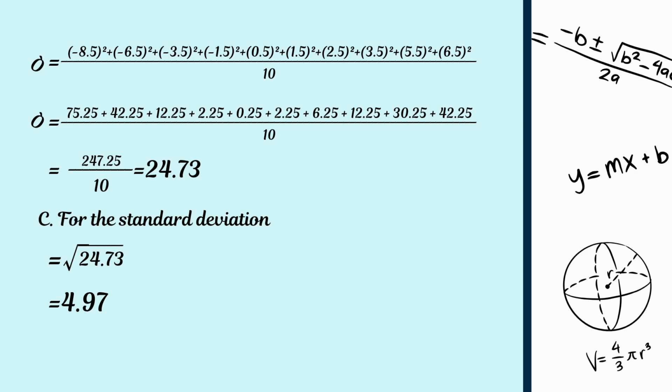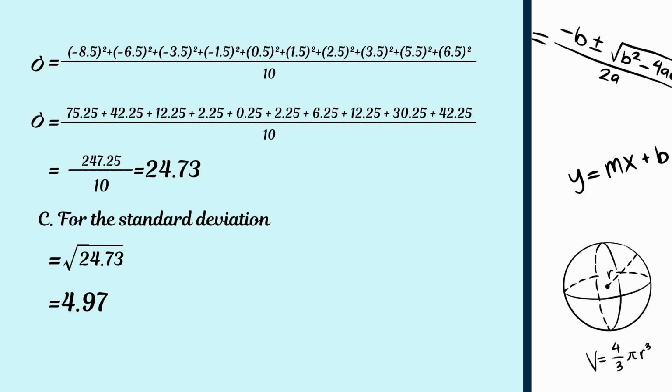Finally, we calculate the standard deviation C, which is simply the square root of the variance. The formula is sigma equals the square root of sigma squared. Substituting our value for variance, we take the square root of 24.73, which equals 4.97.